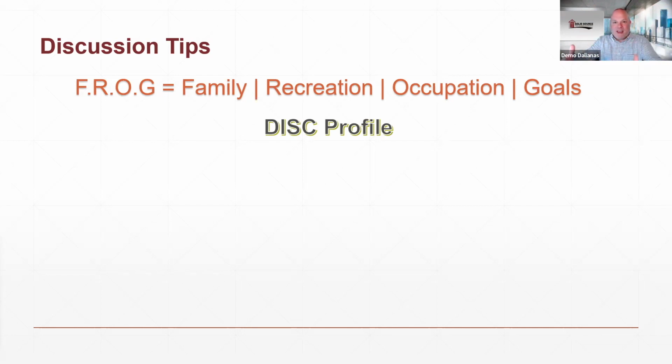So knowing that about yourself, and knowing the categories that they offer there and the types of personalities that are involved in those 4 letters, will help you when you're doing your listing presentation, when you're doing your initial conversation. Because you may say, oh, that person was a jerk when I told them all the details about the community and all this other stuff.